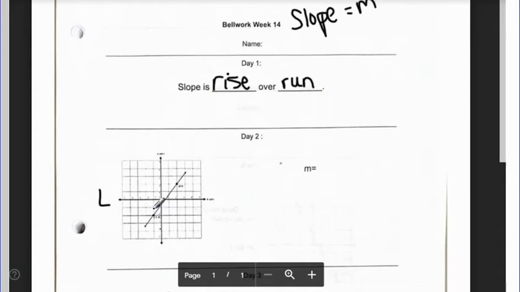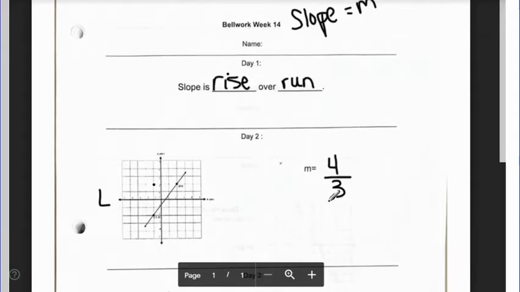So I'm going up 1, 2, 3, 4 different spaces, which means my rise is 4. Then I have to go over 1, 2, 3. So the slope of this line is 4 over 3 because I had to rise 4 and I had to run 3 to get to the next point on my line.